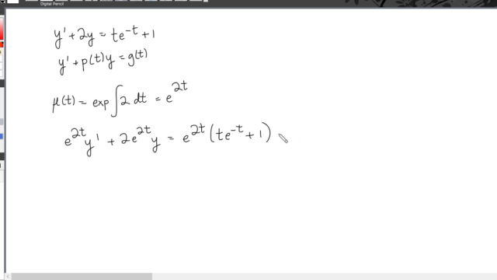And this is equal to t times e to the power of t plus e to the power of 2t. Okay, I don't think I made any mistakes.